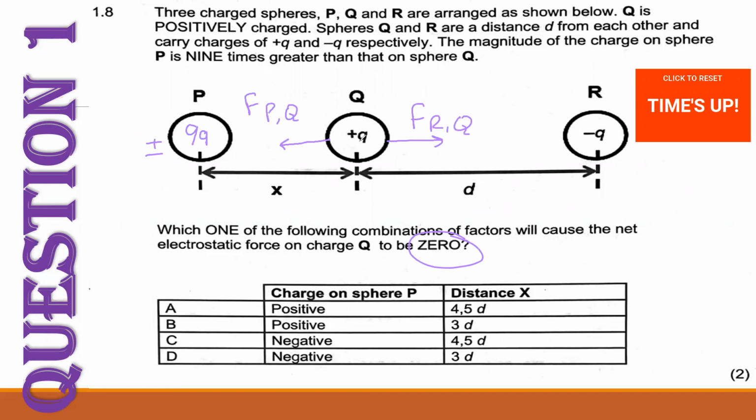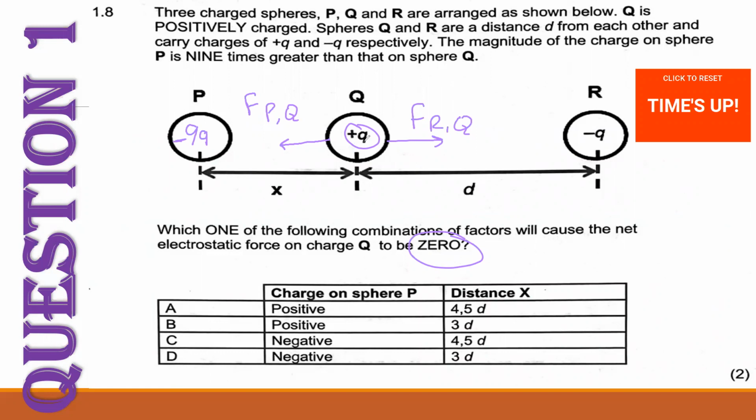If it is attracting Q, the charge is not positive, because positive is gone. So we have a negative charge. How do we know it is attracting? Because we are trying to get 0 net force.